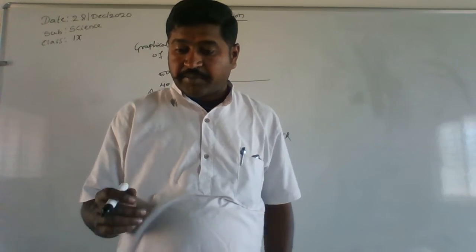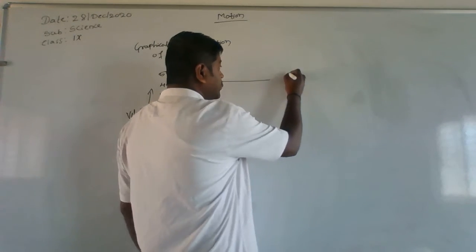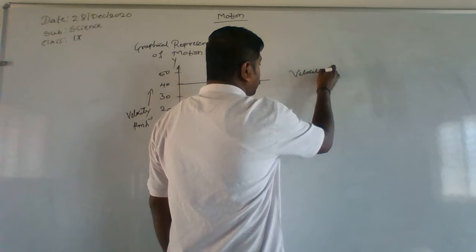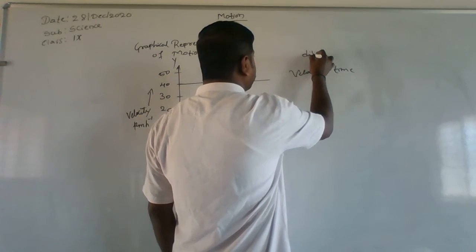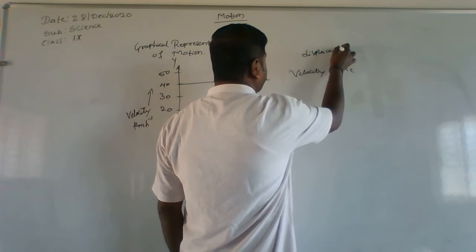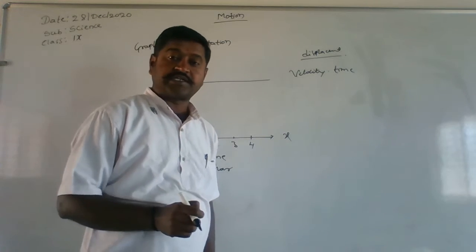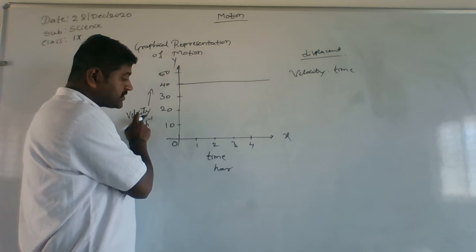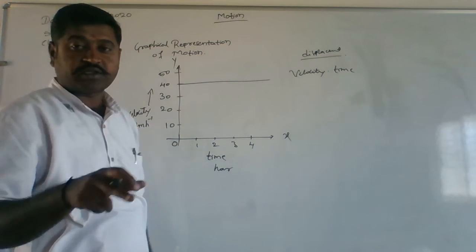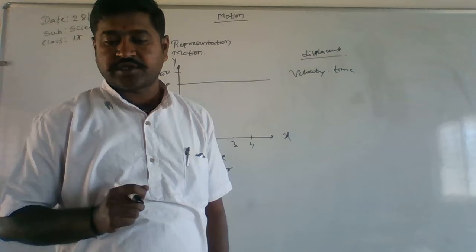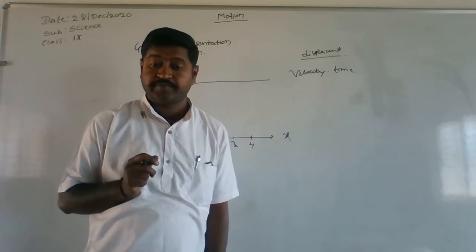We know that the product of velocity and time gives the displacement of an object. Velocity into time is nothing but displacement. So v into t, velocity into time, gives us the displacement of the object, in case it is moving with uniform velocity, right?